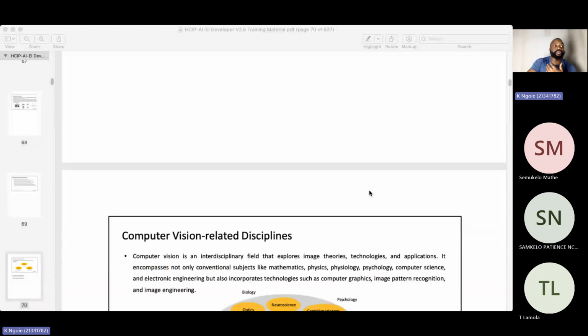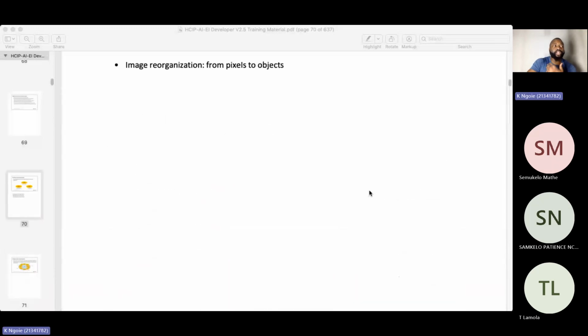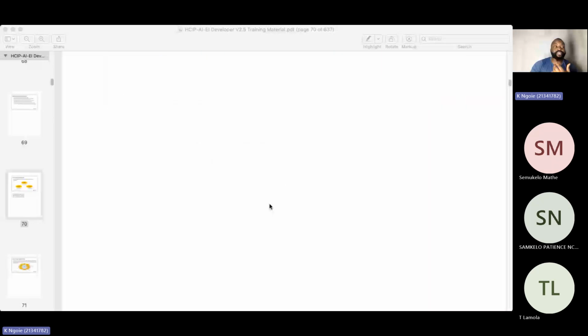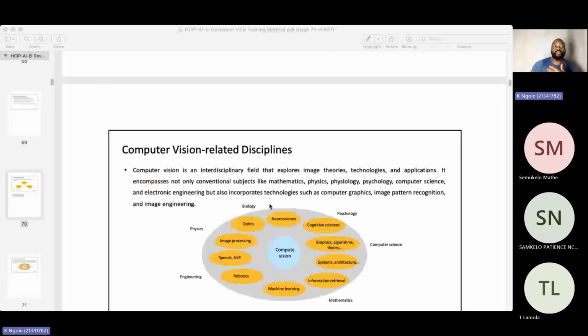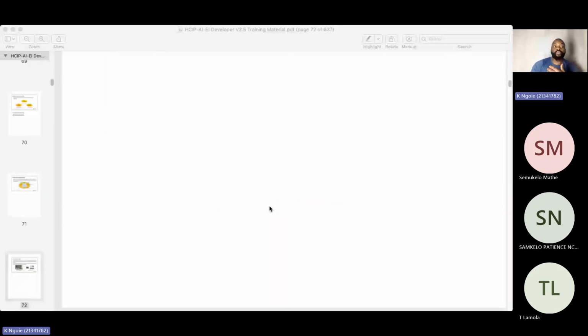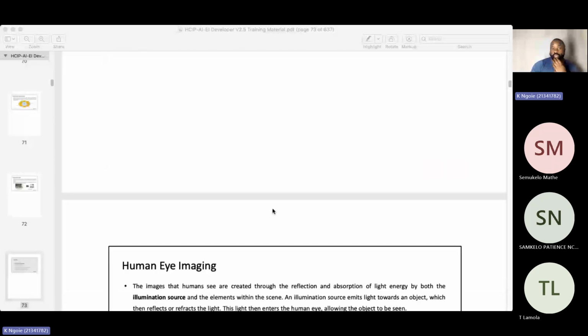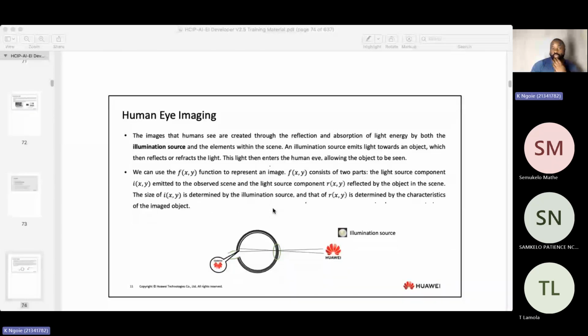In image recognition, the computer will have to take the image and convert it into an object. But in image reconstruction, it means we can go from pixel to pixel, from pixel to object in terms of image reorganization. And we've mentioned how computer vision is one of the core fields of AI.